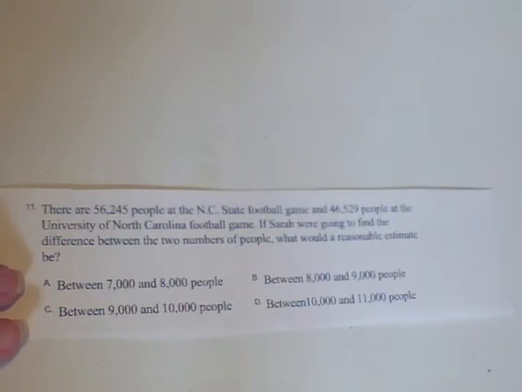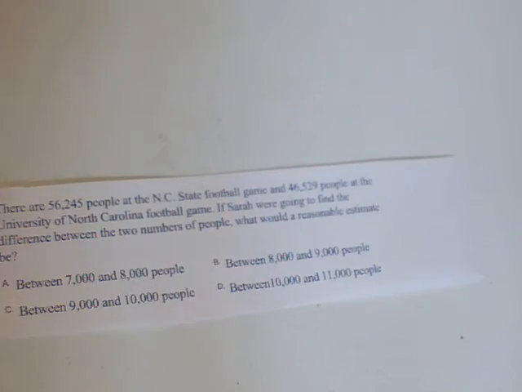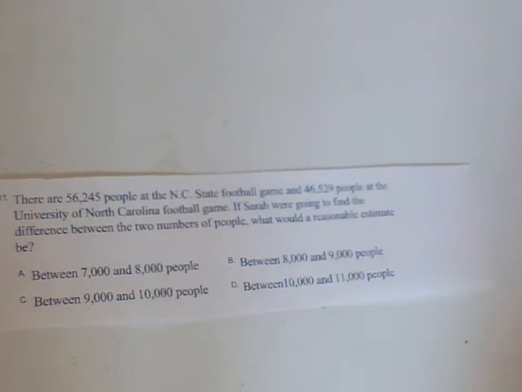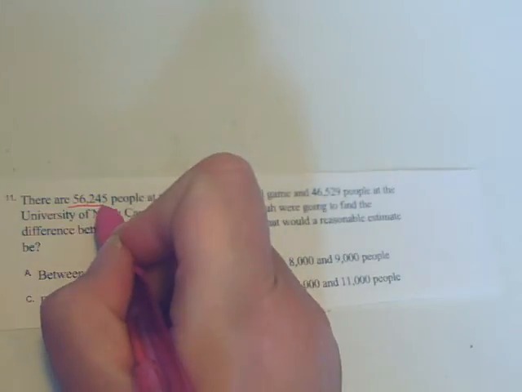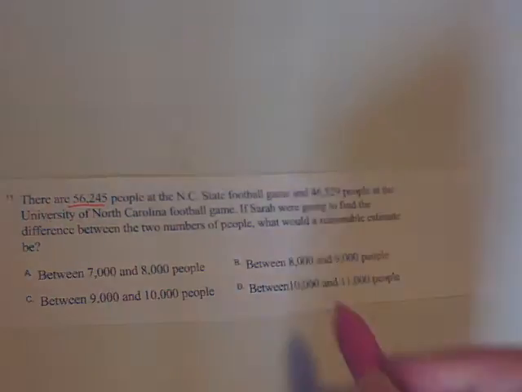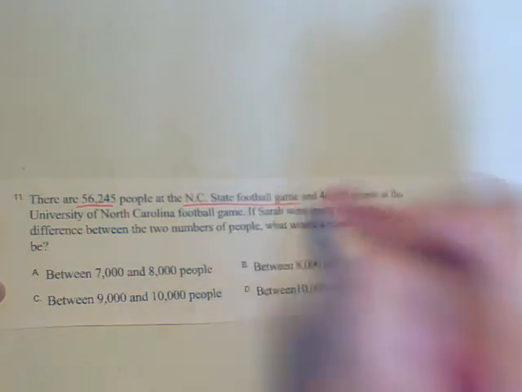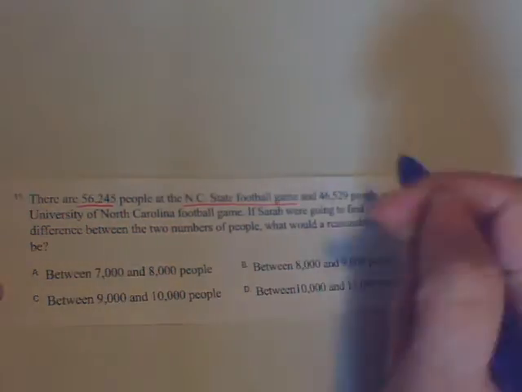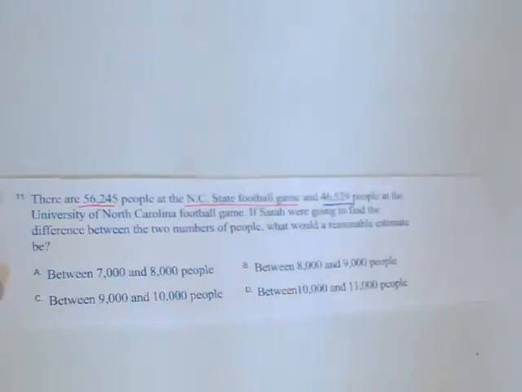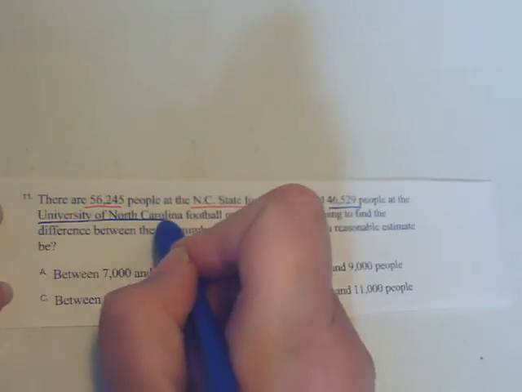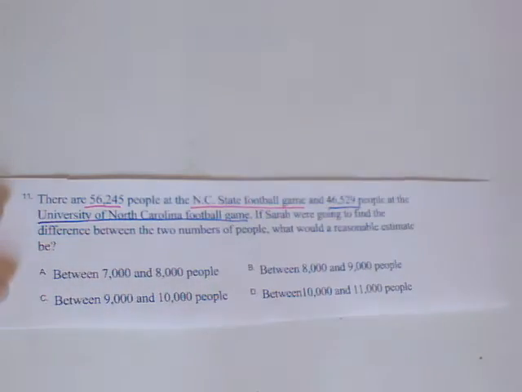Let's look at another one. Number 11. There are 56,245 people at the North Carolina NC State football game. There are 46,529 people at the University of North Carolina football game.